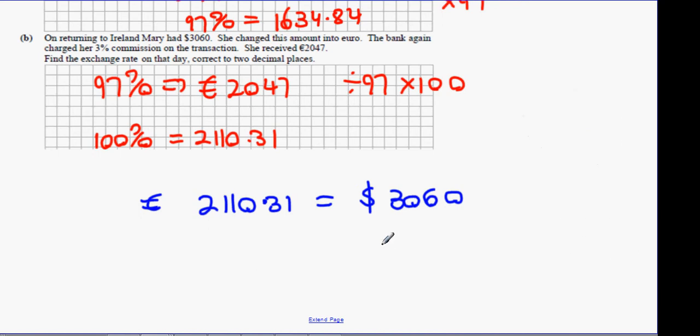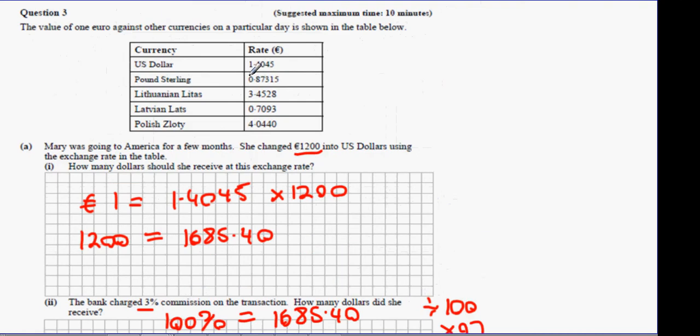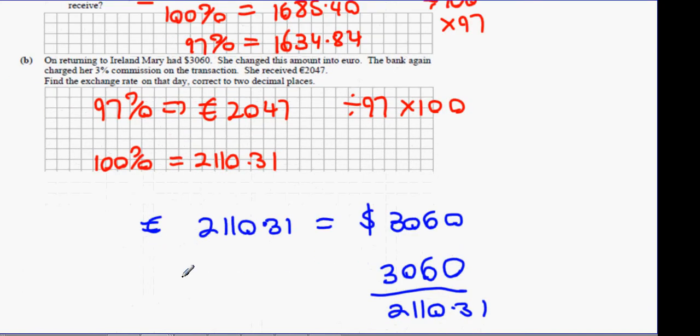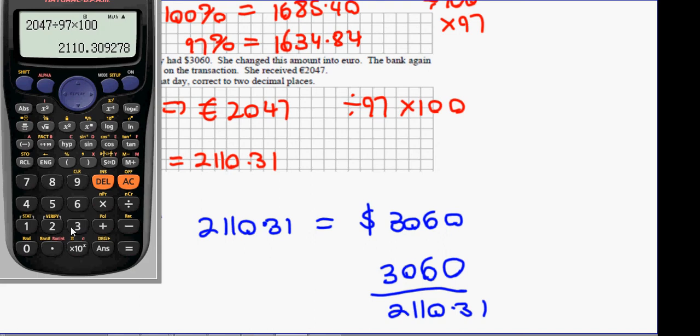Now guys, can somebody give me an estimate of my answer? What should my answer be roughly? It should roughly be 1.4, because currency doesn't change that much unless something drastic happens. So what happens when we divide them into each other? Do we get a number that is similar to that number there?